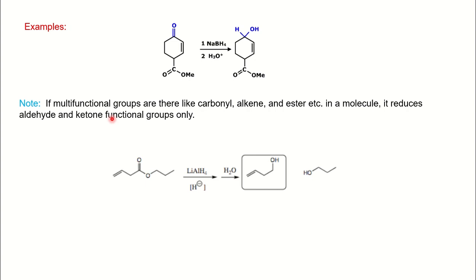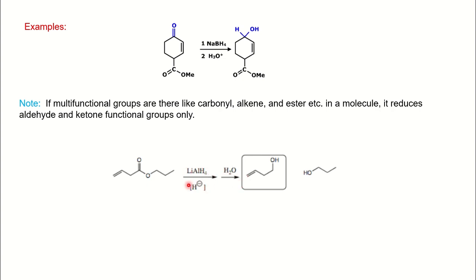Now we will see another example in the presence of lithium aluminum hydride. You can notice here again you have two functional groups. One is an alkene, the other is an ester group, and we know lithium aluminum hydride is unreactive towards the alkene, but it reduces the ester group to alcohols. So basically it will form two alcohols here. The ester group will be reduced, and in the subsequent step you add water.